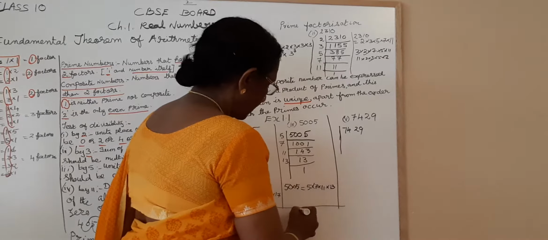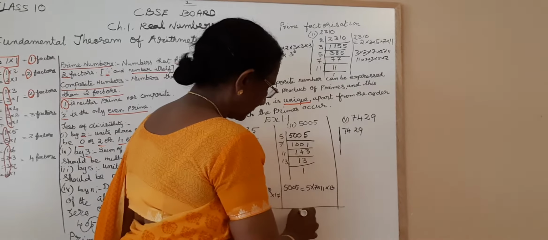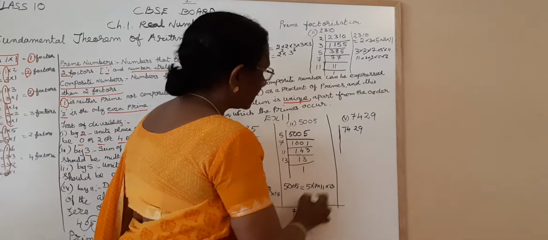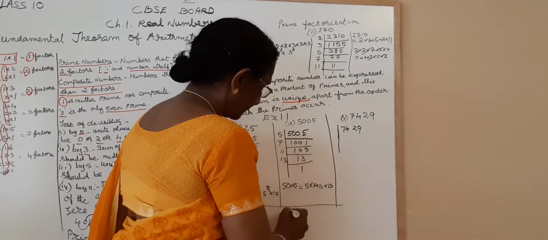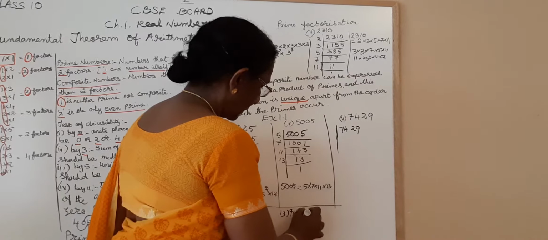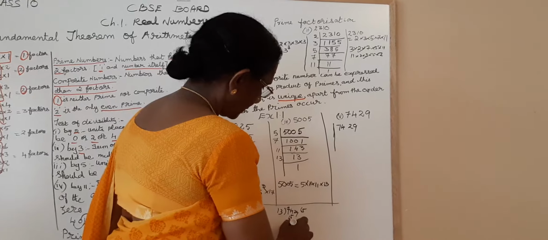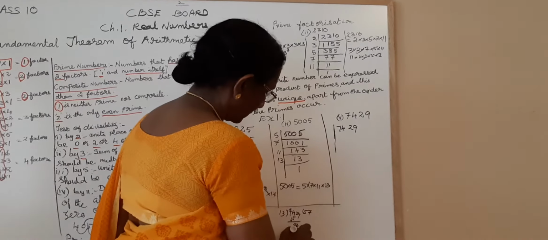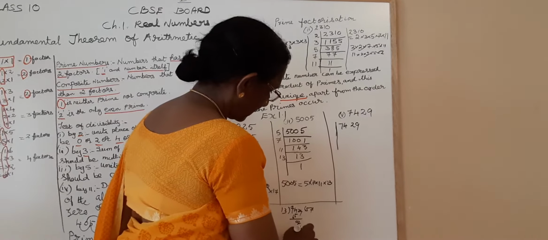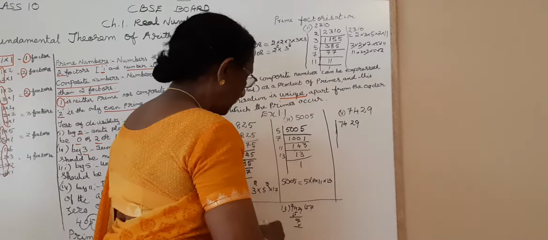Let us check with 13. If you divide by 13, it is not divisible by 13 also.